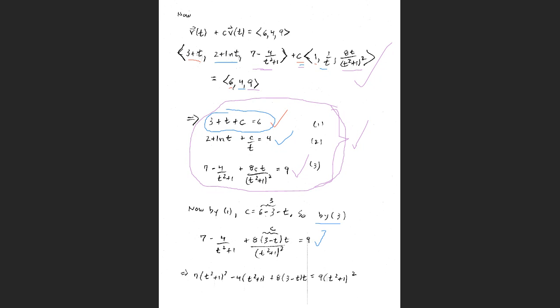So I wind up with this equation, and then I multiply both sides of this equation by the least common denominator, which is going to be t squared plus 1 quantity squared.